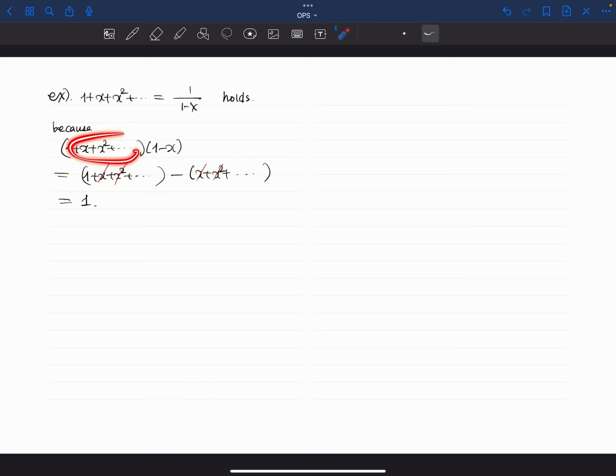So you multiply this formal power series and this formal power series, and you get 1. That means the multiplicative inverse of this formal power series, which we denote (1 minus x) to the minus 1, is 1 plus x plus x squared plus ..., right?